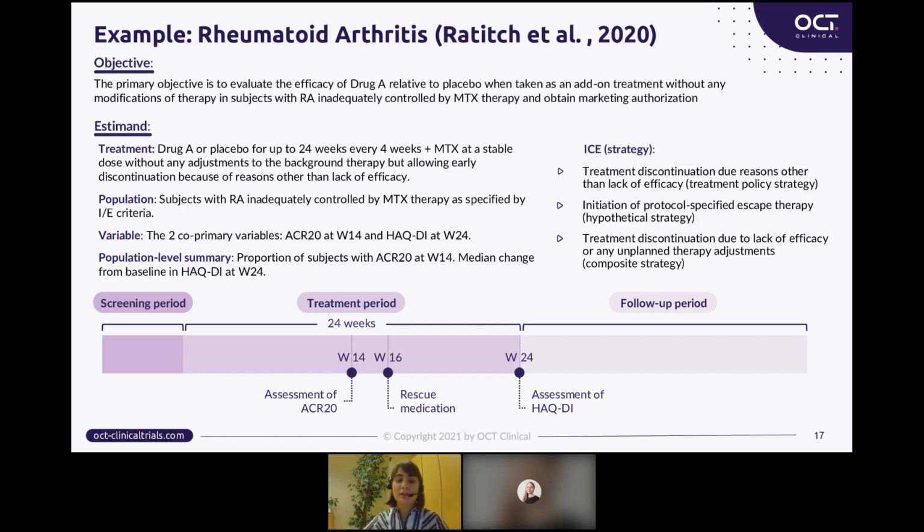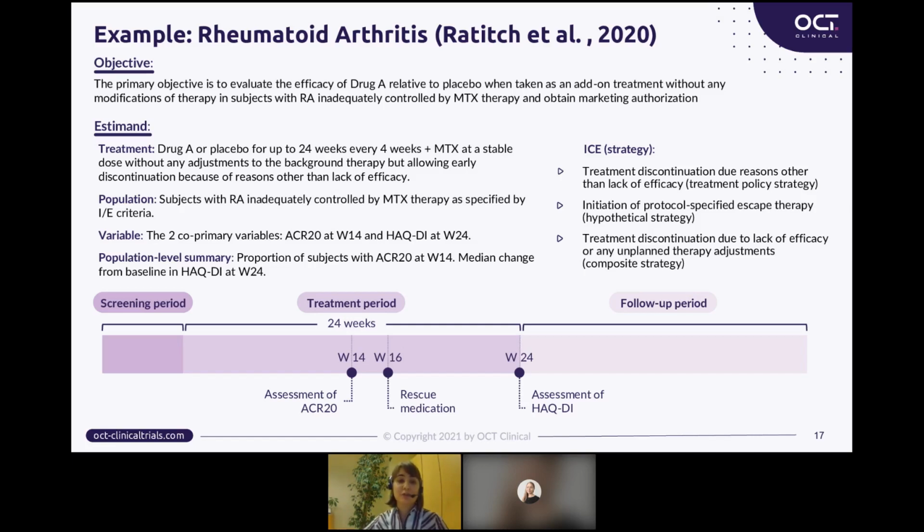In order to start with the construction of the estimand, it is necessary to formulate the objective. Note that the trial objective is formulated very precisely. It directly identifies the main stakeholder, the regulatory agency, and also highlights that the treatment regimen of interest doesn't allow for any modifications of therapy.